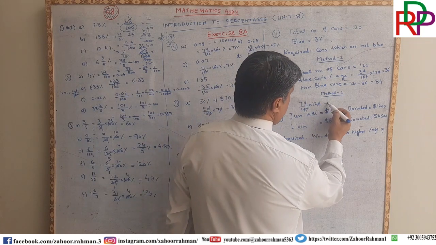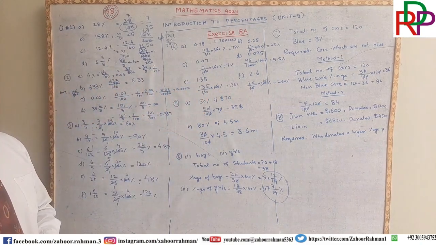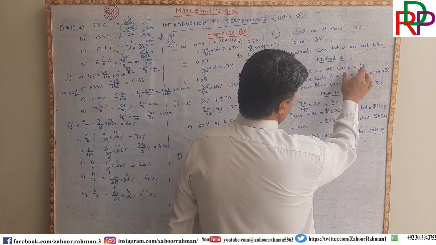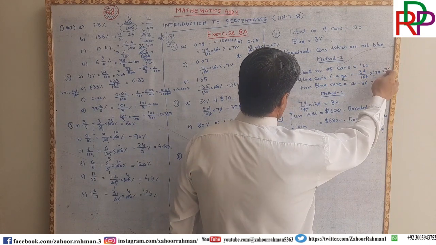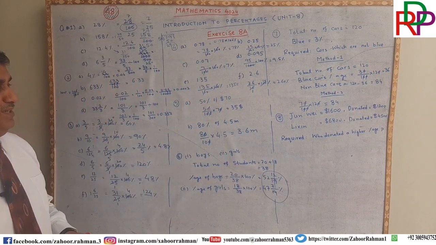So this 0, and again it will be equal to 84. So both work. This is easier. First we have to find the 30%, that is a longer method, and whatever result we are getting, we have to subtract that from 120.